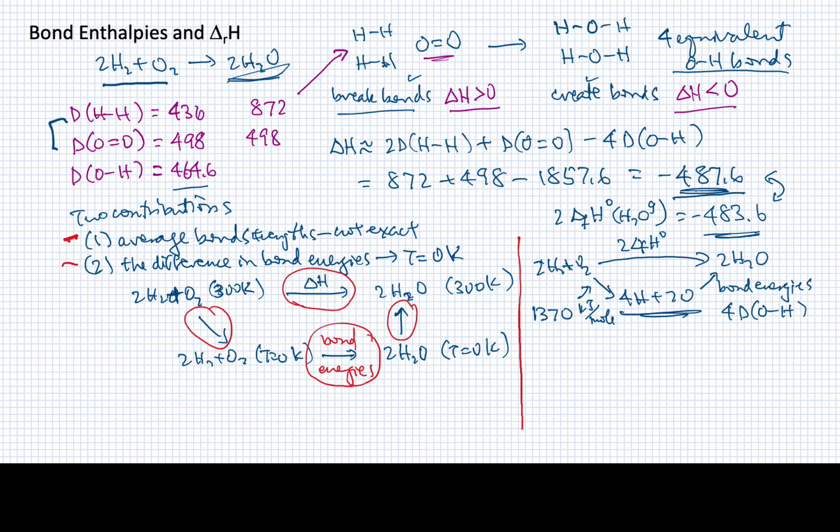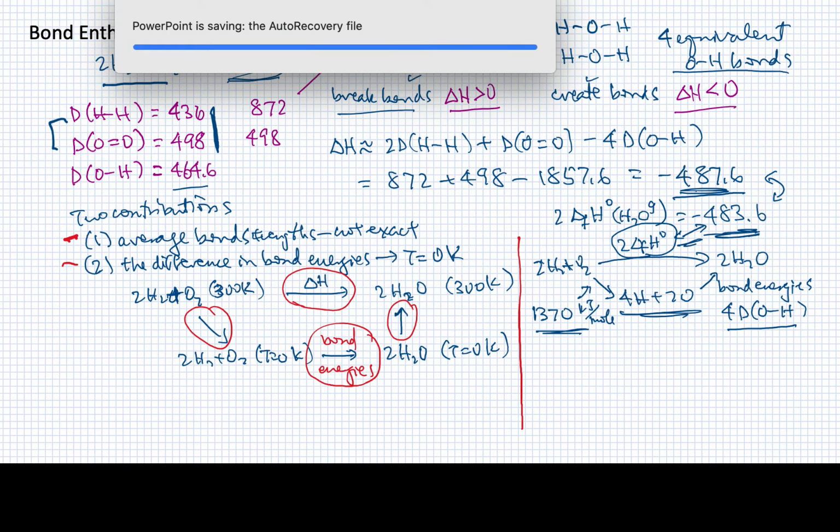But now, instead of assuming that I know this value, I'm going to use the value that we actually do know for this, namely this figure of minus 483.6. Okay, these two things are equal to each other. I'm going to use that value and the values that I've got for these two bond energies that are indisputably easy to measure and ones that we can measure at 300 K, and use all of that to determine what the bond energy for this should be.